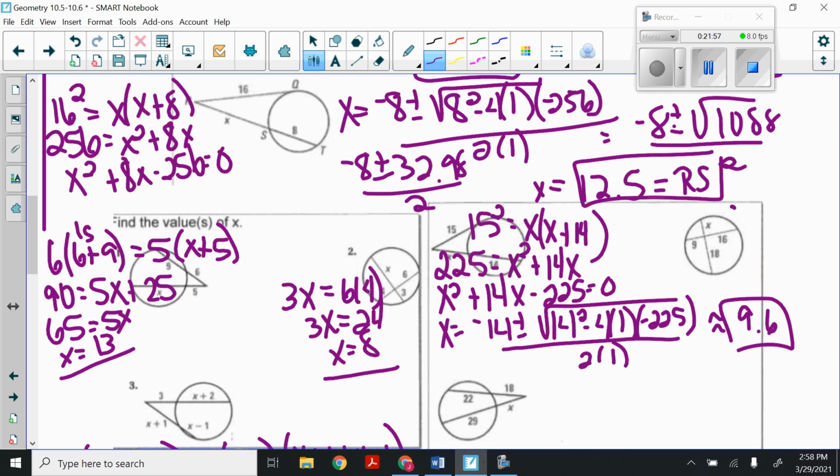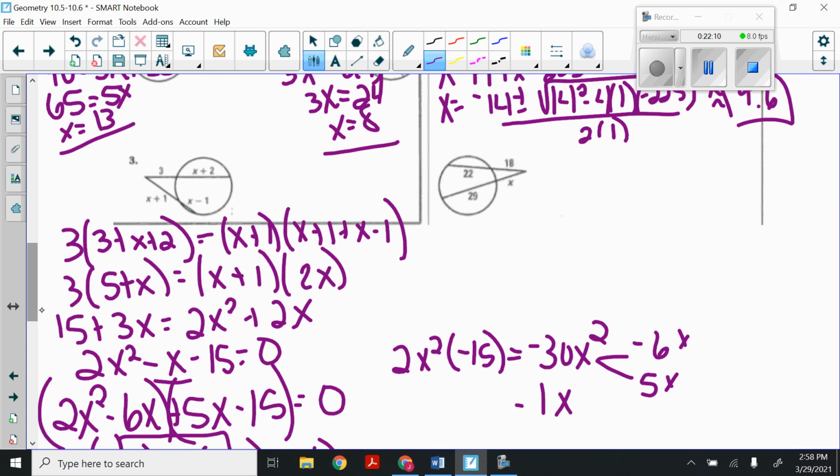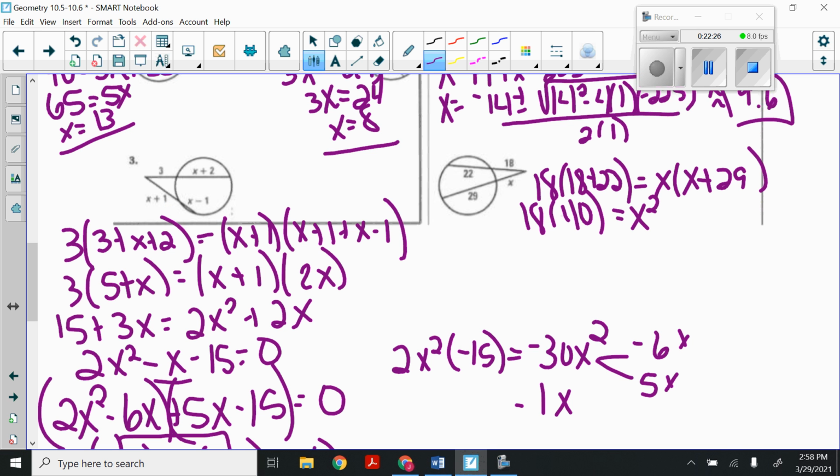This one up here, 18x equals 9 times 16. So I get 18x equals 144. X equals 8. And our last one here, so 18 times 18 plus 22 equals x times x plus 29. So here I have 18 times 40 equals x squared plus 29x.